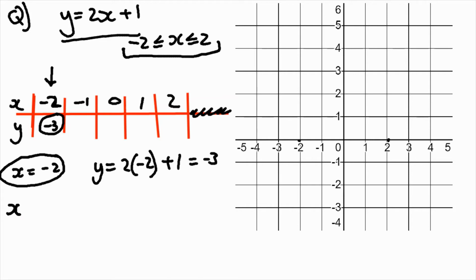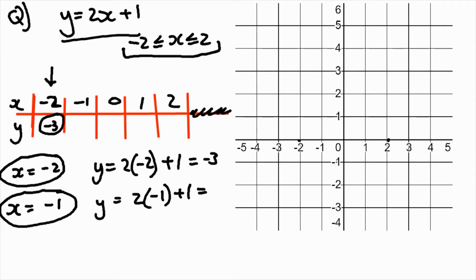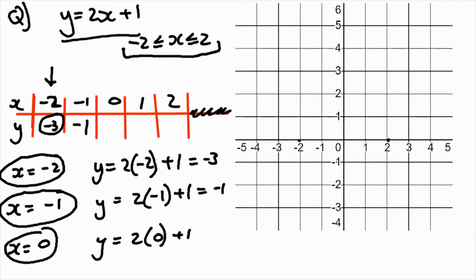We'll do another. x equals -1. y equals 2 lots of -1 plus 1. It's going to be -1. x equals 0. y equals 2 lots of 0 plus 1, which is +1.